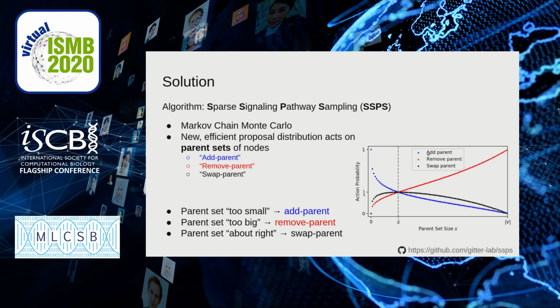And the proposal distribution assigns probabilities to those moves in a way that biases the exploration towards sparse networks. Intuitively, if the parent set is too small, then add parent moves are more likely. If the parent set is too large, then remove parent moves are preferred. And if the parent set is about the right size, then swap parent moves are given high probability.